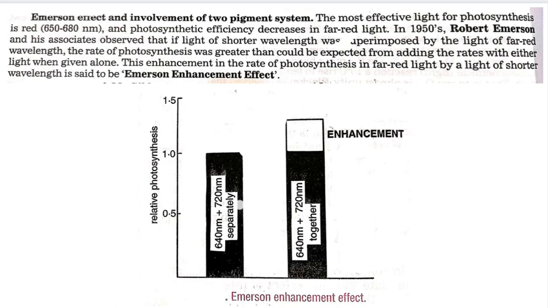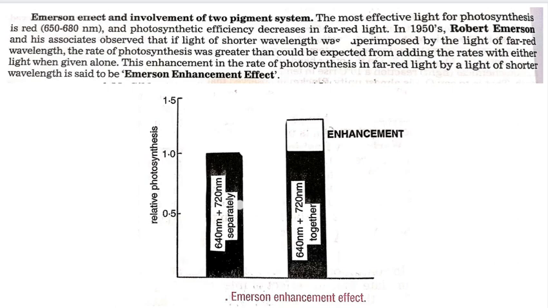Now in the 1950s, Robert Emerson and his associate observed that if light of a shorter wavelength was superimposed on light of far red wavelength, the rate of photosynthesis was greater than could be expected from adding the rates with either light when given alone.